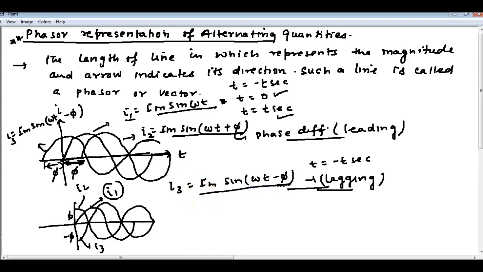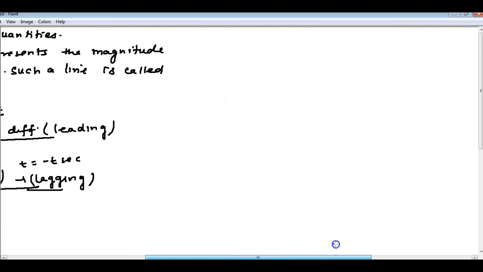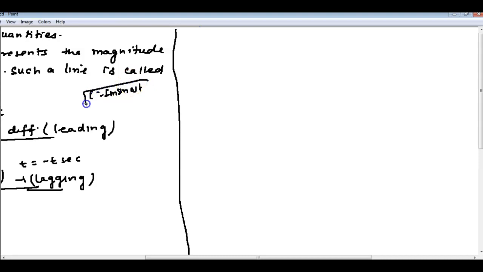Is it clear till here? The equation of current we studied in the first lecture is I is equal to Im sine omega t. So the main formula of current you can write as Im sine of omega t plus or minus phi. Right? This is the equation of current.